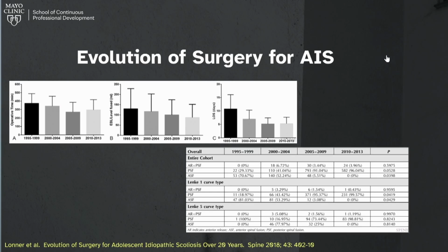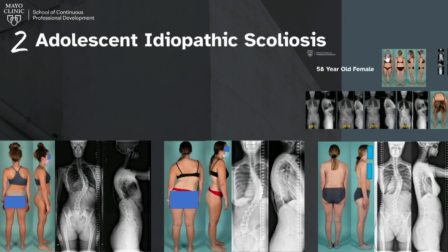Very clearly over time, there's been a transition and a shift in ultimate treatments for these conditions, particularly in the AIS population. We've transitioned a lot from some of the anterior-based constructs to some of the more posterior-based constructs for treatment. Looking over a 20-year period, we're now doing a lot of posterior-based constructs for the AIS deformity.